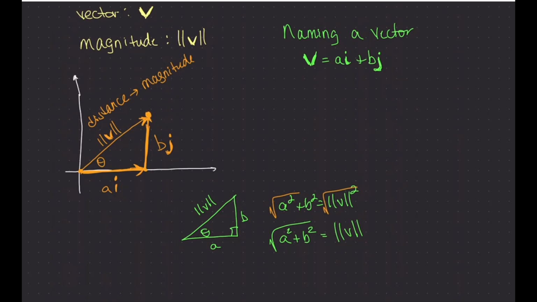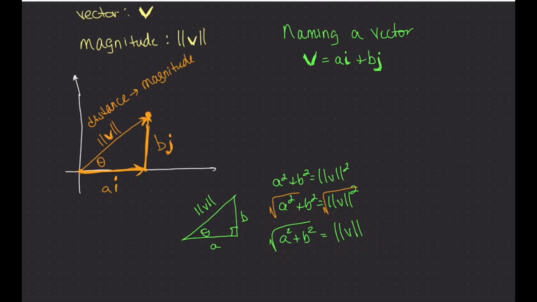Let me write it up here again: a squared plus b squared equals our magnitude squared. You can either memorize this, which you guys already know, or always think of it in this form, where you're taking the square root.